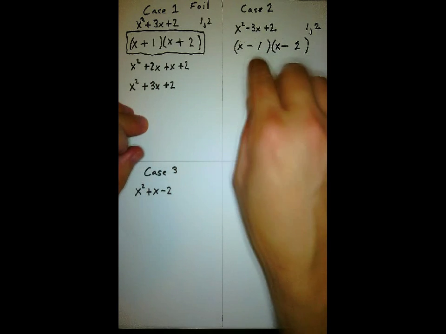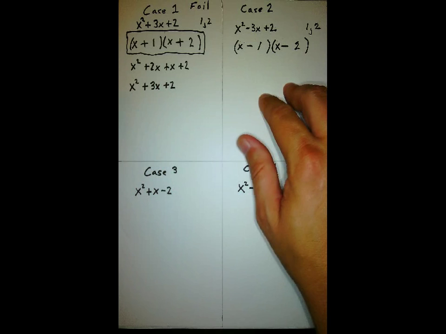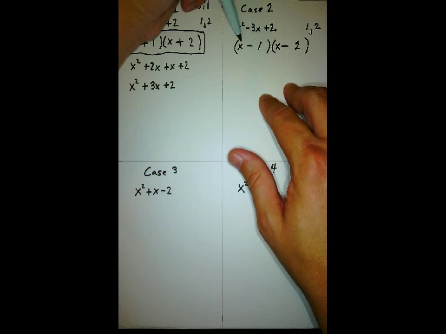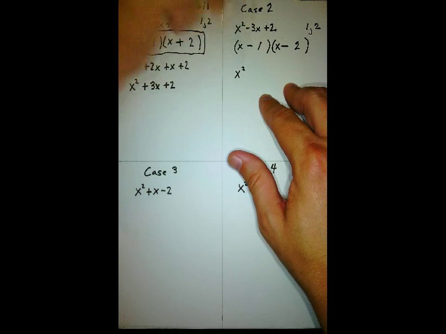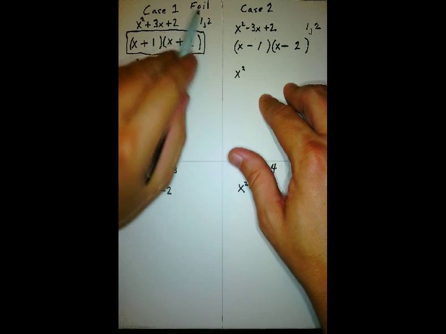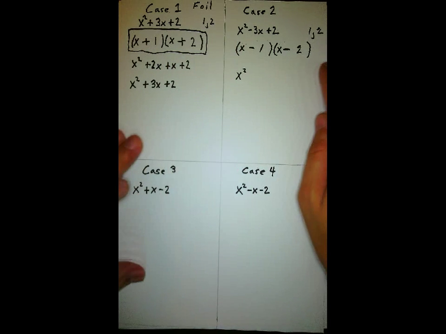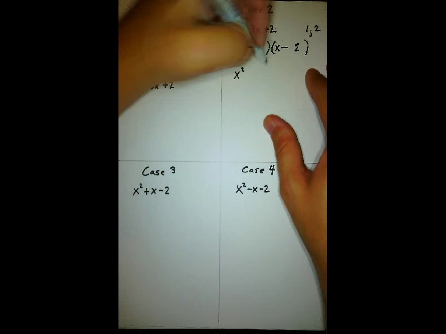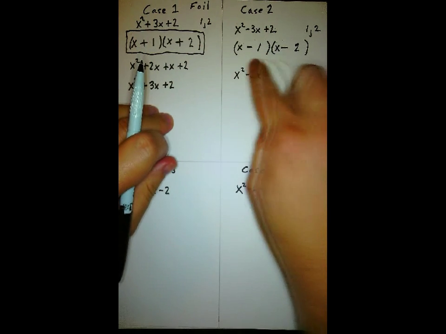So how does this work? Well, let's FOIL it out again really quick and check our answer. So again, x times x is x squared. And then O is for outer. So that's negative 2x here. And then I is for inner.